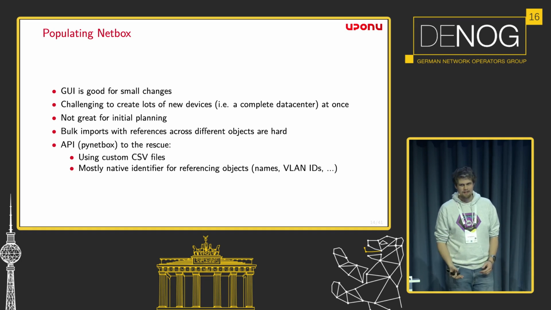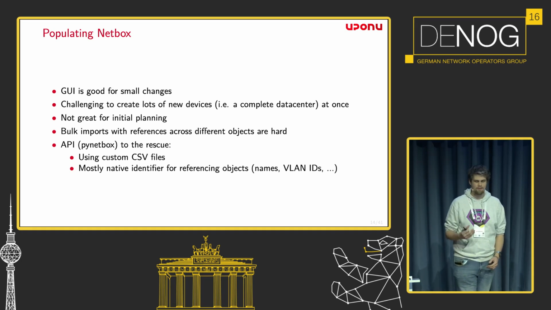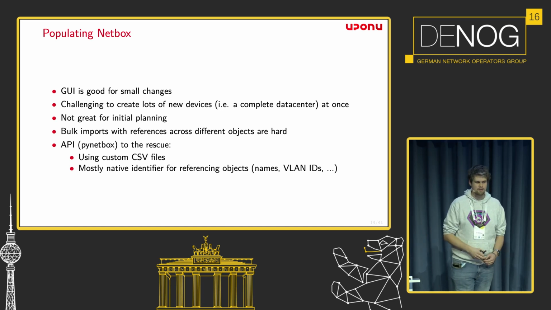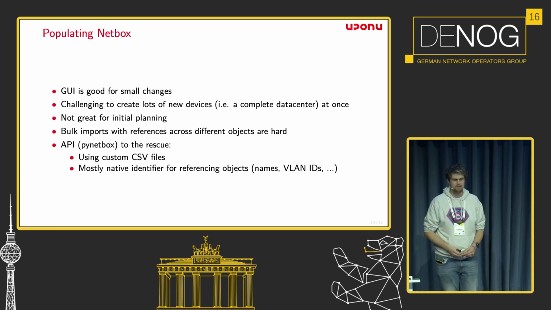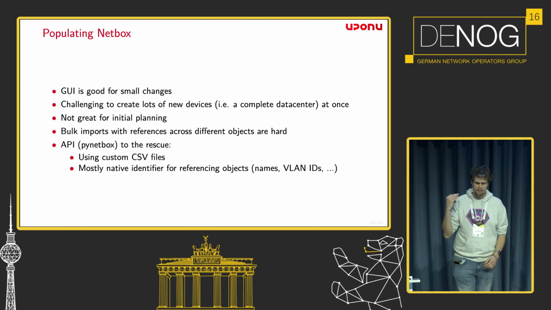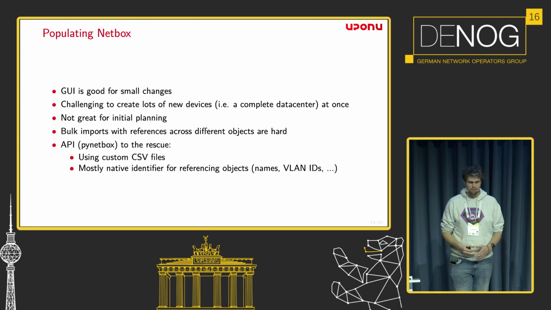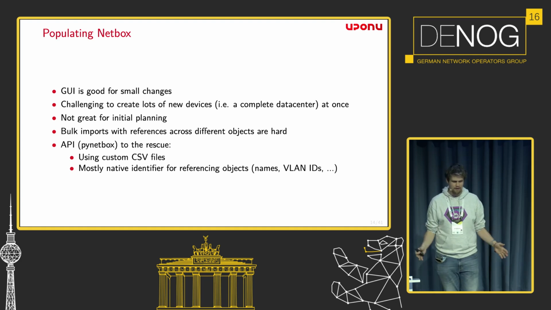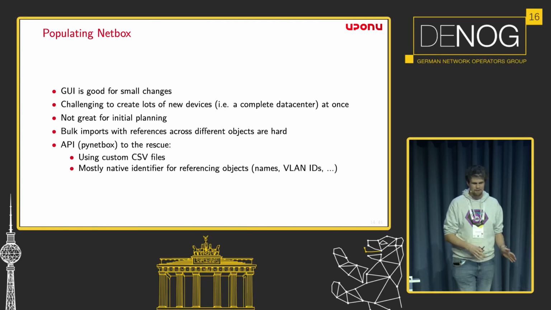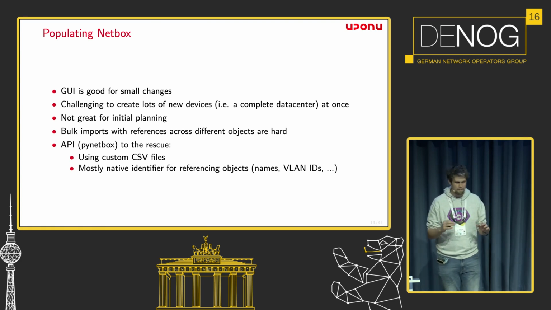Bulk imports are great, but very hard to deal with if you have many cross-references like VLAN IDs, VRFs, etc. So what I recommend, and what we did in the end, is to use some short custom snippets with the API, with PyNetbox, and custom CSV files, where we can put in VLAN names, VNI identifiers, etc. in one big file, and then do an initial import. But then, of course, throw away this file, because we would like to have Netbox as the main inventory tool.